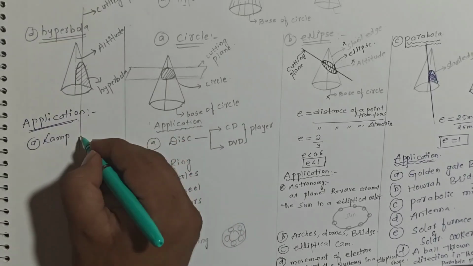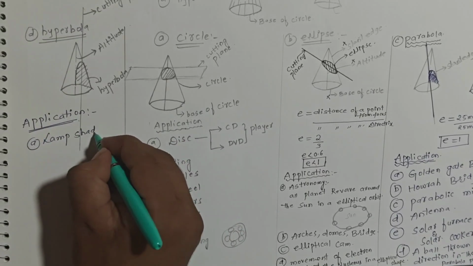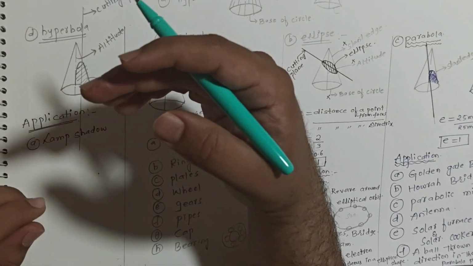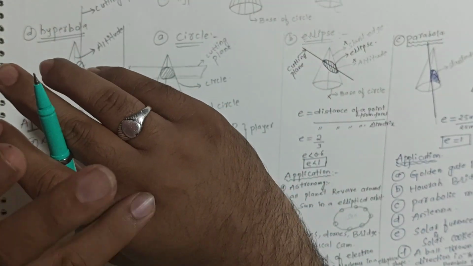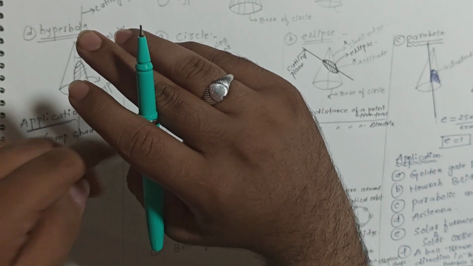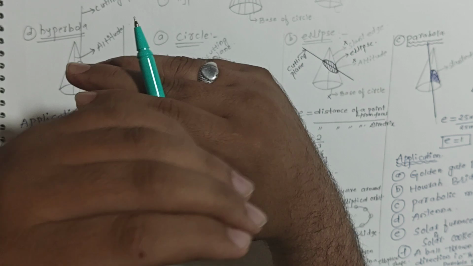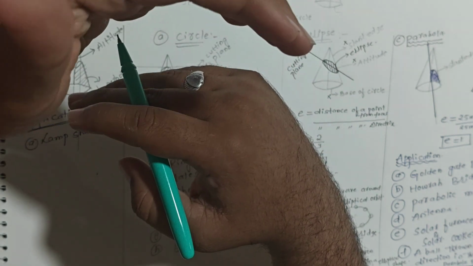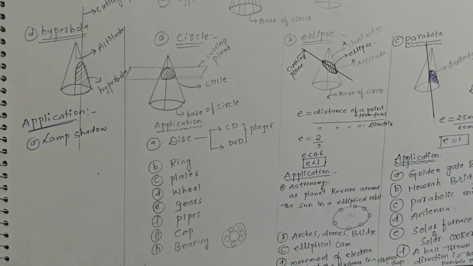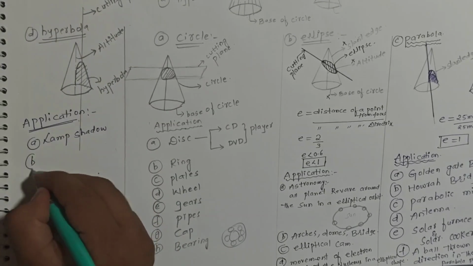In a modern lamp, the shadow looks like a hyperbola shape. Is it right? Let us see. This is my hand. My shadow will appear like this. The same lamp shadow will appear on the vertical wall. The shape is in the form of a hyperbola.